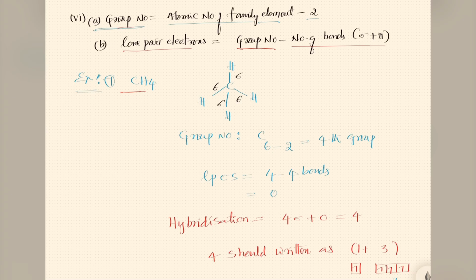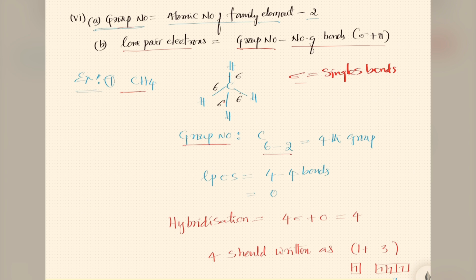How many single bonds are there? 1, 2, 3, 4. All single bonds are sigma bonds. Sigma bond means what? Single bonds. So how many sigma bonds are there? 4. Before going to that, we can find the group number: atomic number of carbon minus 2.